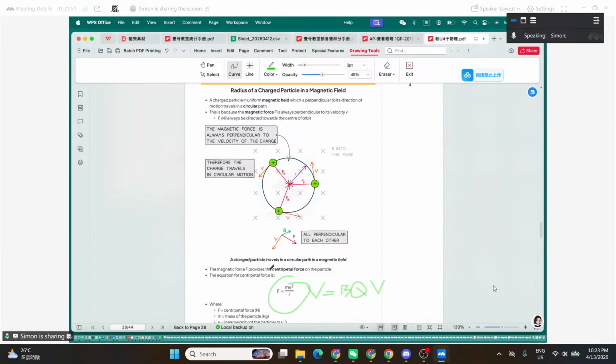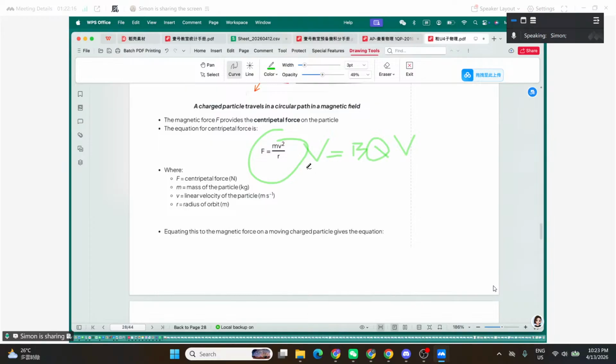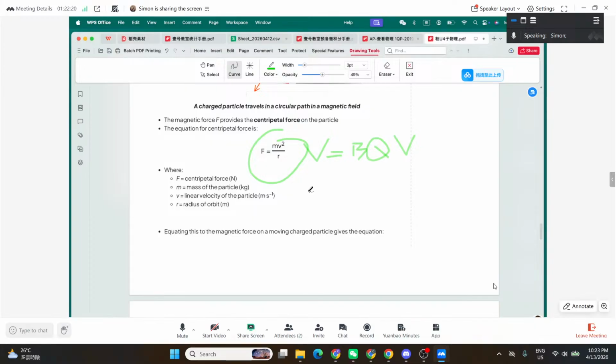We want to calculate the radius of the charged particle in the magnetic field. We use the magnetic force BQV, which provides the centripetal force. The centripetal force is mv squared over the radius, and combining with this formula, we want to separate the radius onto the left hand side. So finally, we got the radius is what?